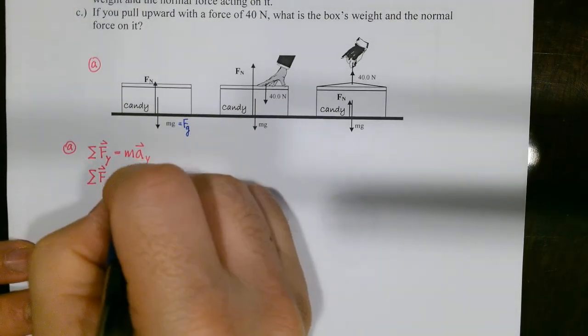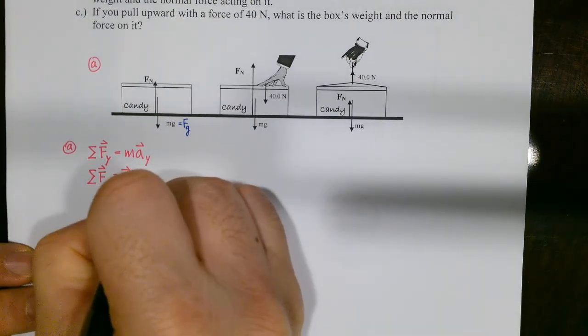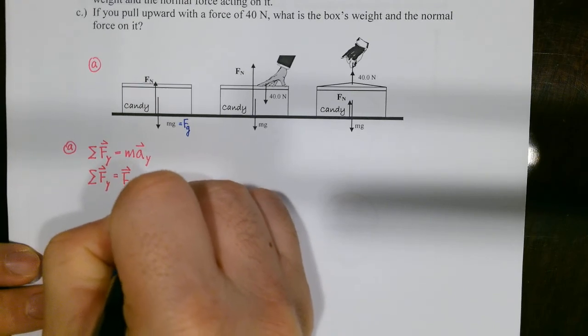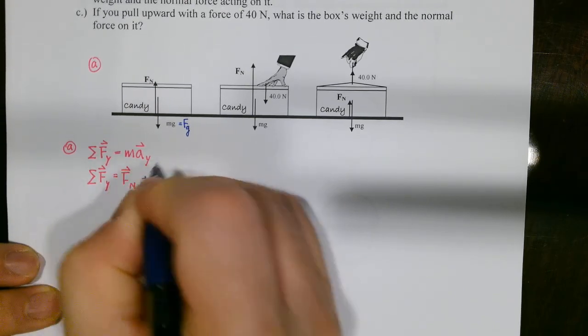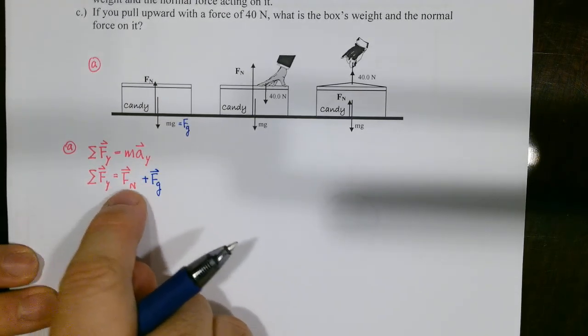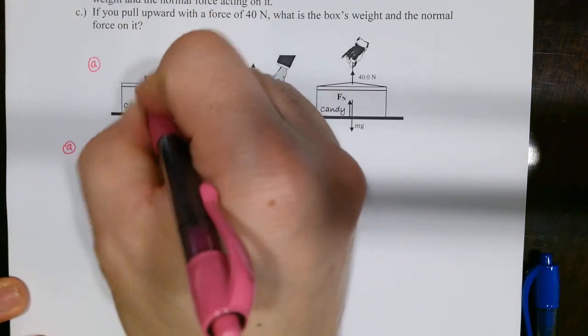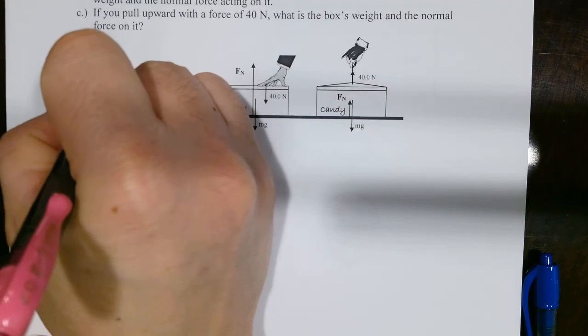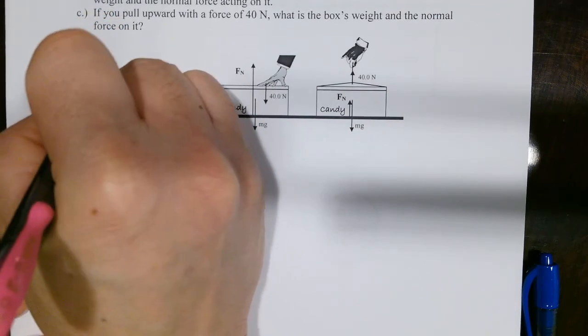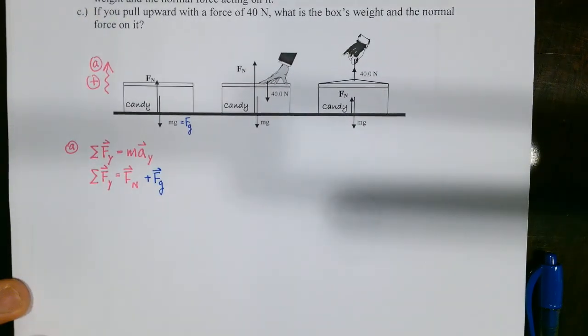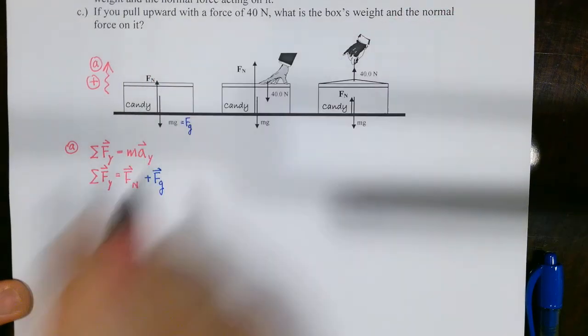Okay. Now notice I put these vector symbols there. F normal is pointing upwards, and I'm going to consider the up direction to be positive. That means the down direction is going to be negative.